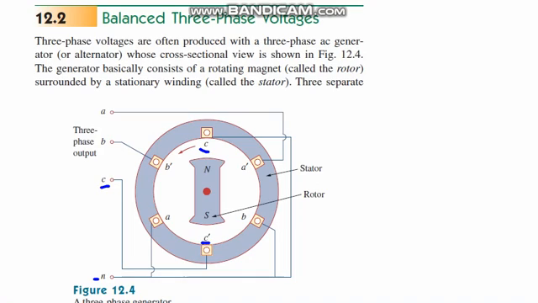The two windings are opposite to each other: the magnetic field will enter one winding and go out of the other.